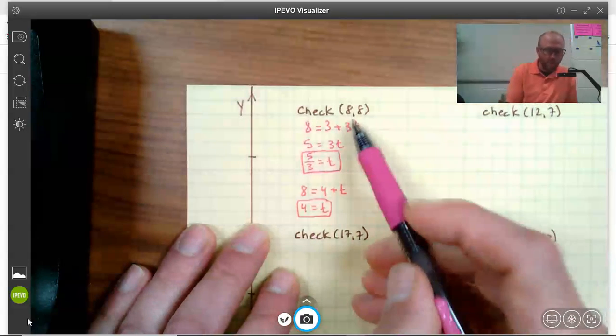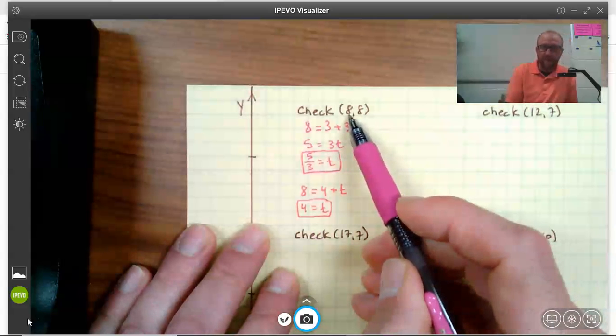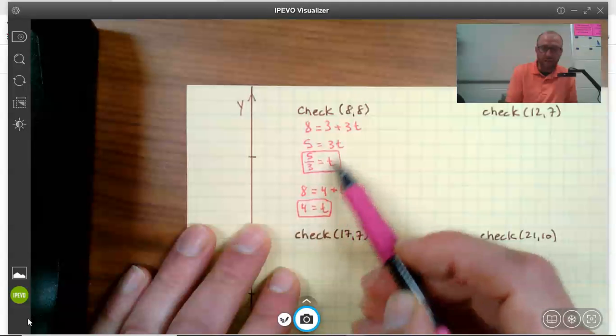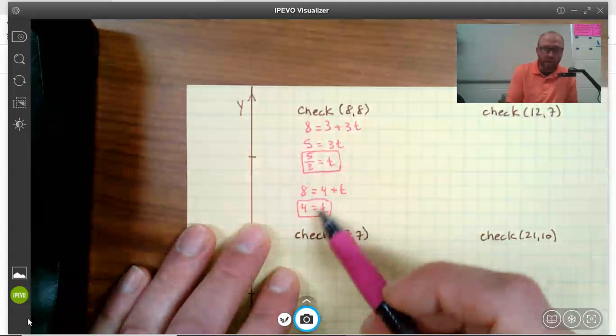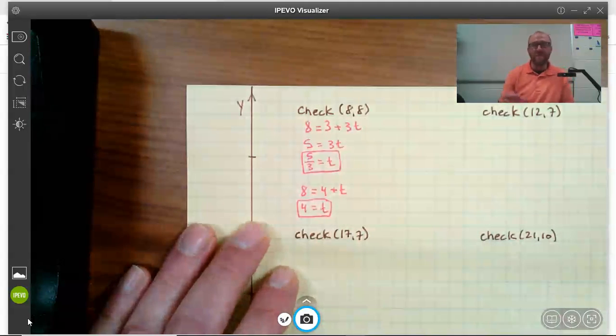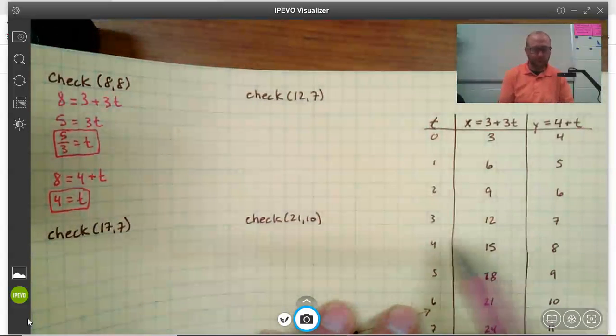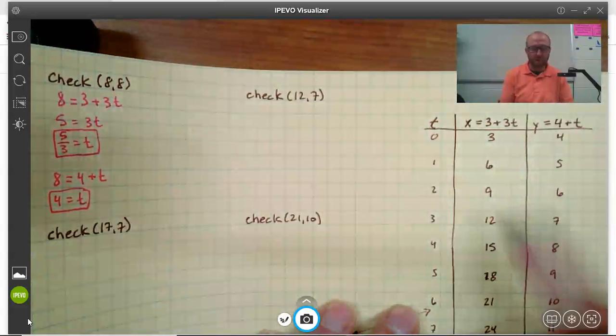So to get the x-coordinate 8, I would have to input 5/3 for t. To get the y-coordinate of 8, I'd have to input a 4 for t. So I don't have a single t value that produces both those same x and y coordinates, which means that if I were to find them on this table, they would not appear across from each other, so they're not a single point on the line.